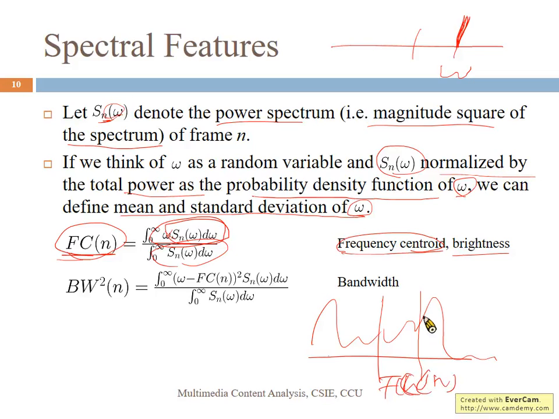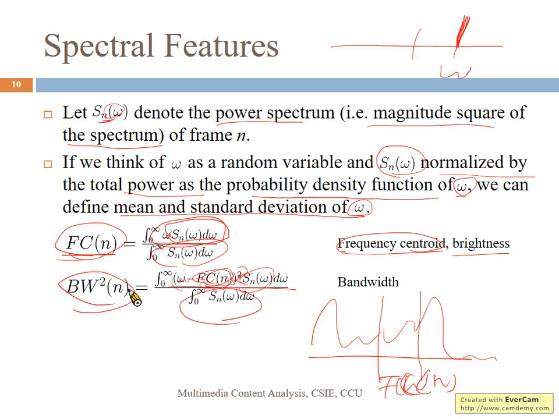So this is FC_n. And if we calculate the variance of the energy distribution, that would be omega minus FC_n, squared, multiplied by S_n(omega) and divided by the total power.